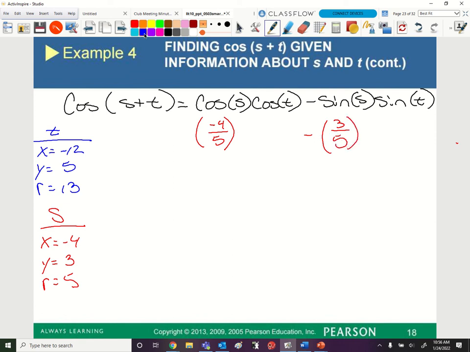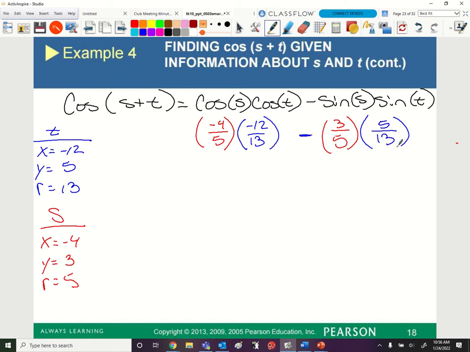So this next one is going to be cosine of t right here. So I'm replacing that one. So I go to my t, which is in blue. Cosine is x over r. So negative 12 over 13. And there's my minus sign again. And I have sine of t. Sine of t is y over r. So it's 5 over 13.